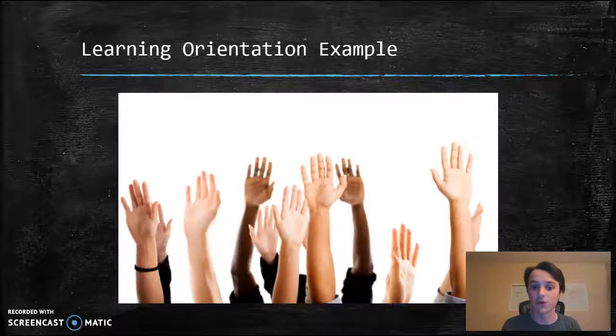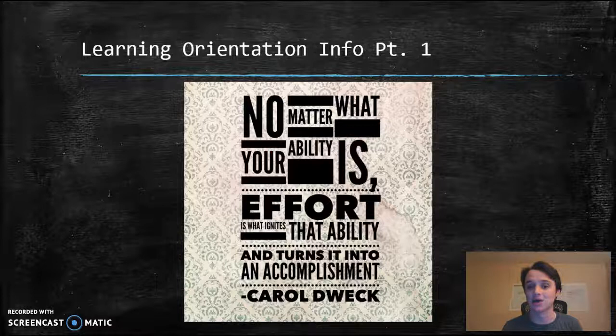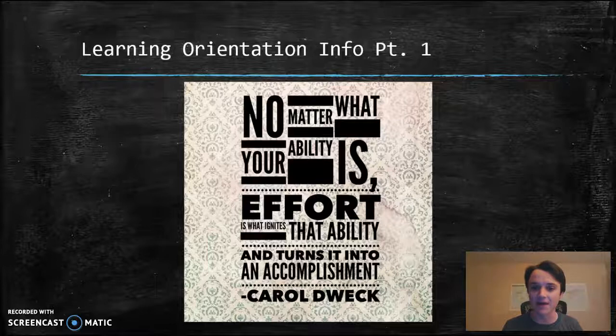A learning orientation would be like a student who is asking a lot of questions, who you can see is really trying to master the material, really wants to grow, keep moving on with their material, and really wants to learn a lot. They're not just there to be there. Somebody with a learning orientation is going to be asking a lot of questions, putting in the effort, trying as hard as they can.